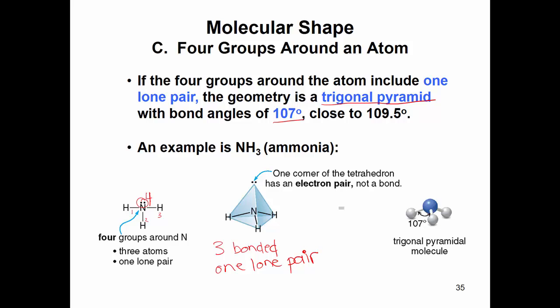They change the shape of the molecule. If you look here, you have this sort of pyramidal look, and it's not a bond, of course, it's a lone pair. So we have 1 lone pair and 3 bonded atoms, and so we get a trigonal pyramidal molecule. So you get a pyramid or trigonal pyramidal.